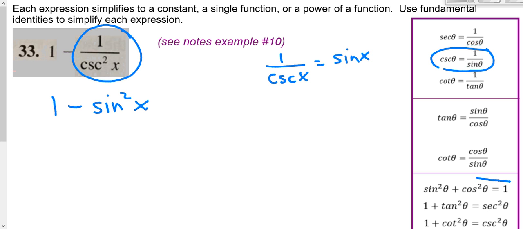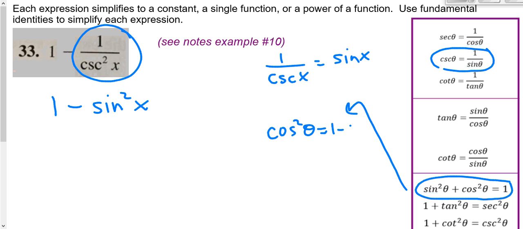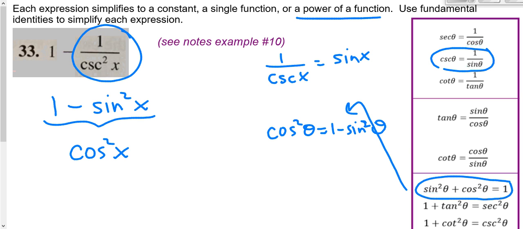And when we look at this Pythagorean identity down here, if we were to subtract sine squared theta from both sides of it, we would have cosine squared theta equals 1 minus sine squared theta. So that tells us that 1 minus sine squared x is equal to cosine squared x. And that is the power of a function.